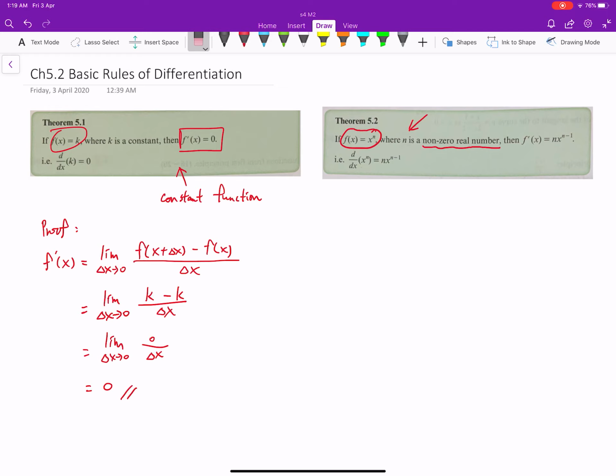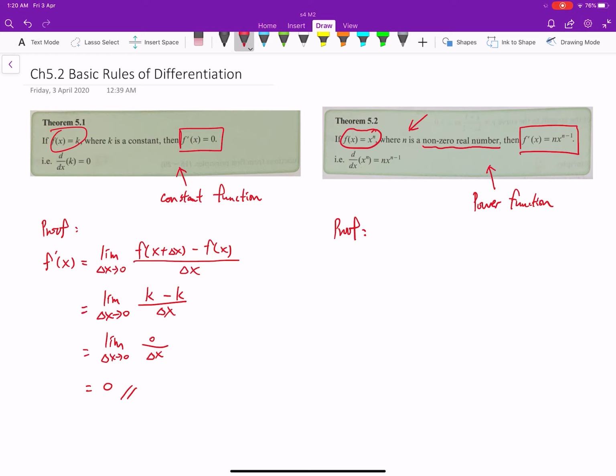This kind of function we call a power function. Now let's look at the proof. When we look at the power function, this will be the result. I'll give you more details later on how to remember this one.